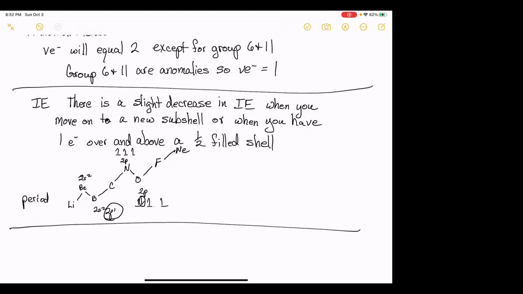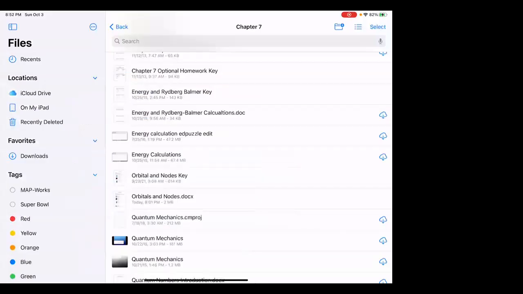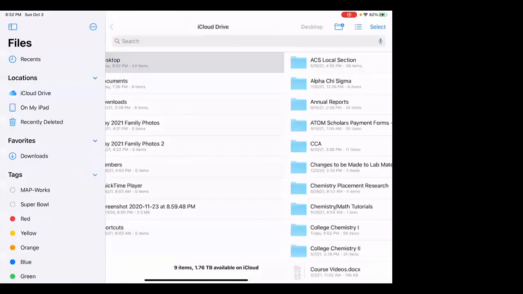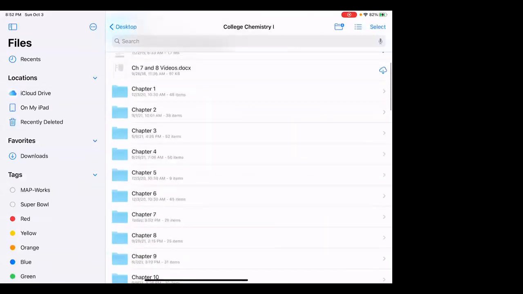If you can, can you go over question 13 from the practice exam? Let's see if I can pull up the practice exam, because I don't know my questions at all. Let's see.